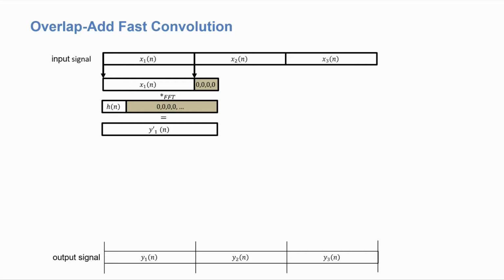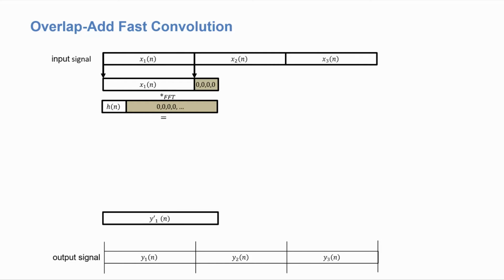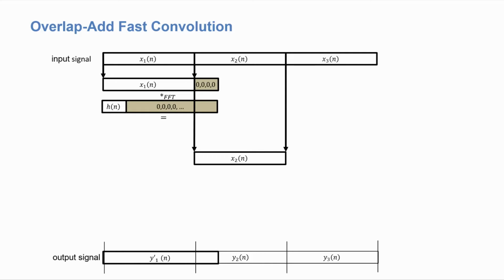We perform the fast convolution and note that its result is longer than the output signal frame we want to compute. So there will be a slight overhang when we add this temporary result to the output buffer. Now we go ahead and process the second frame of the input signal. We zero pad and perform the fast convolution with our impulse response.